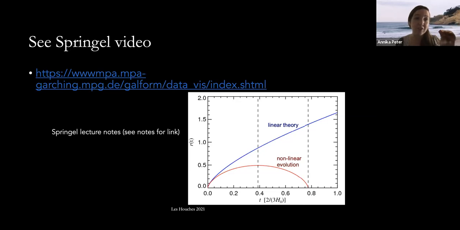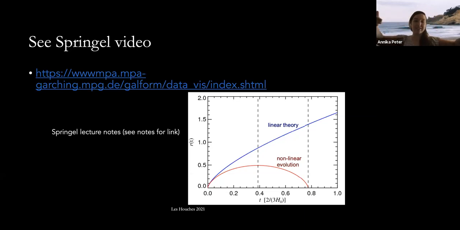So if you look at one of the overdensities in the video, in standard cosmological theory, if you looked at the size of that overdensity with time, which is represented with R of t, then in linear theory, that overdensity is just going to grow in terms of spatial scale.